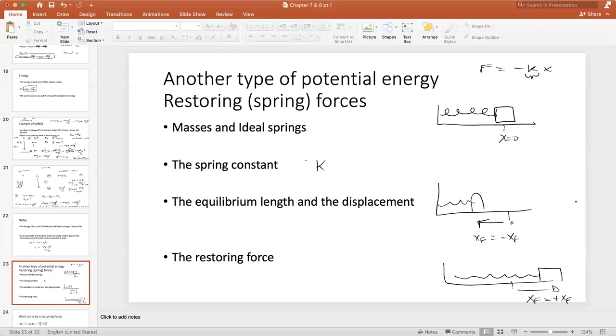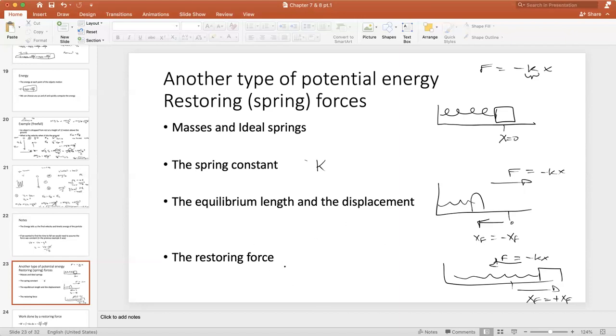The wall could be on this side and then these signs would be flipped. But we say that the force is negative kx. If we compress it, there's a force going the opposite way. And that force is negative kx, but you know that x is negative, so this becomes positive. If we stretch it, the force goes this way, and we know, again, negative kx, but x is positive, so of course the force is negative.